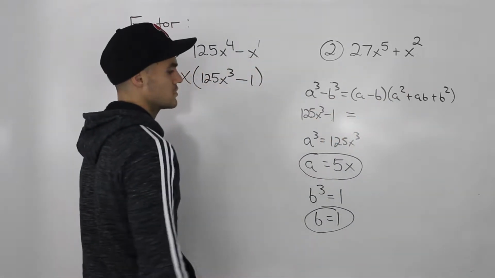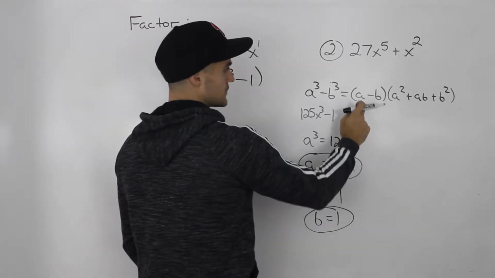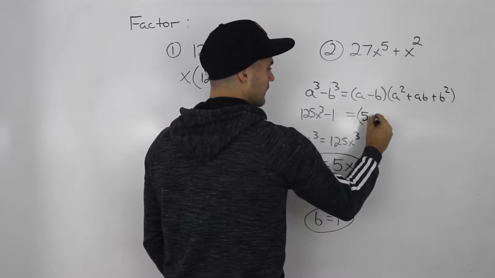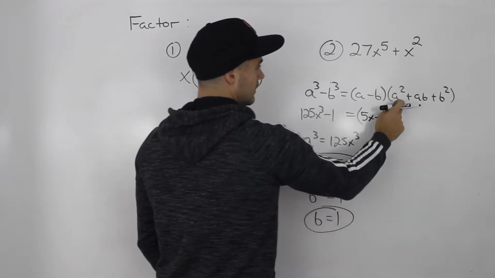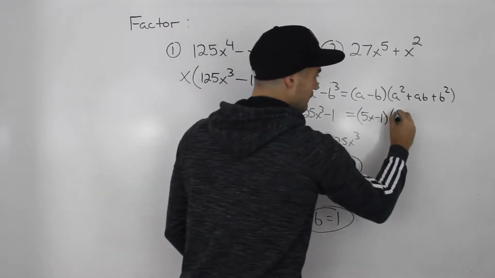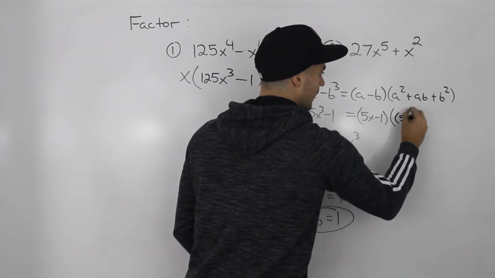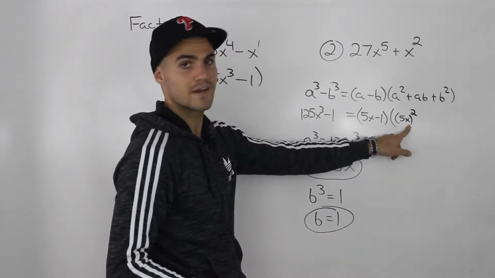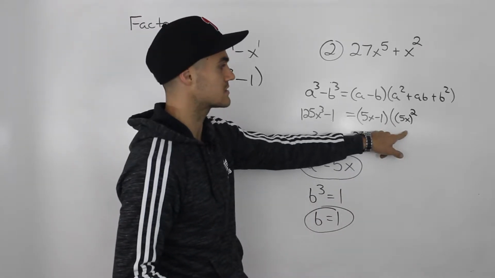So we got to take this a value, this b value, plug it into this equation for the difference of cubes. So in brackets, we'd have a minus b, 5x minus 1. Here we'll have 5x squared. Now you got to be careful, this 5x has to be in brackets, right? A lot of students will just put 5x squared without the brackets.